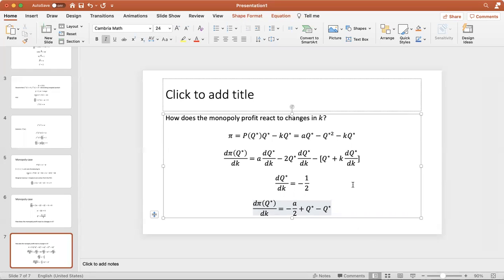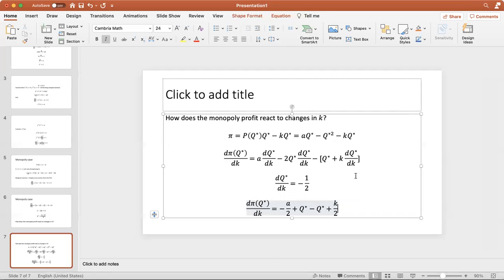Then minus minus minus, but this is also negative, so this could be plus K over 2.